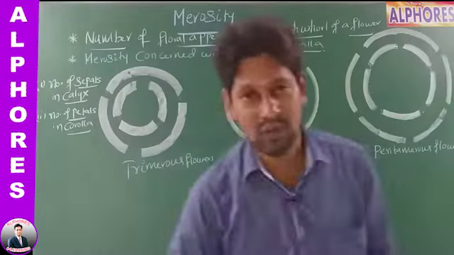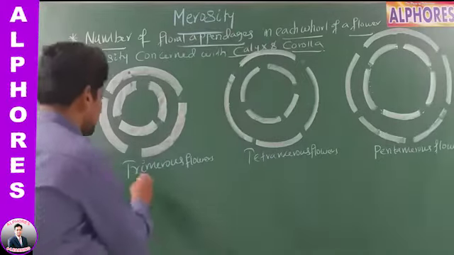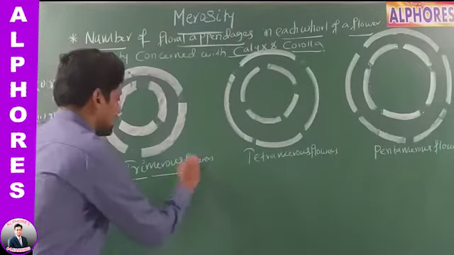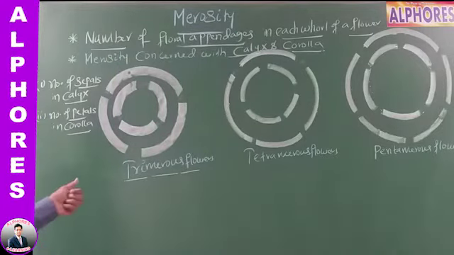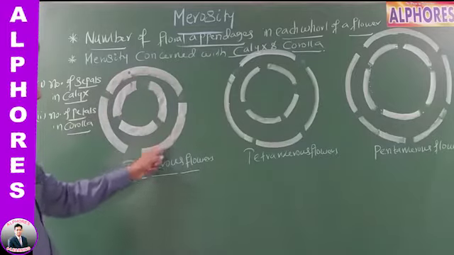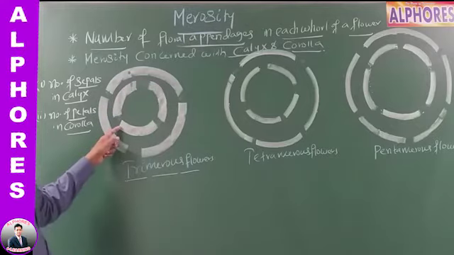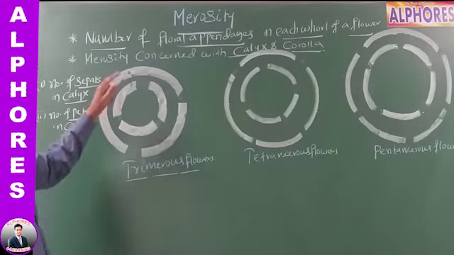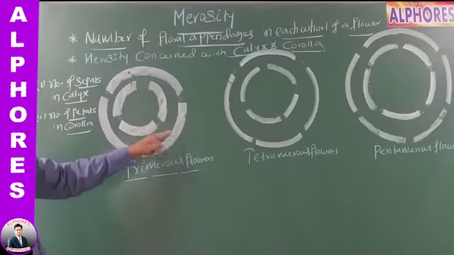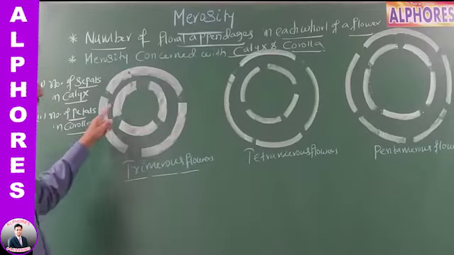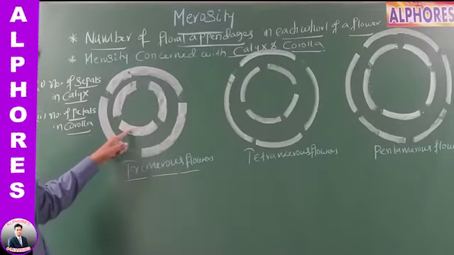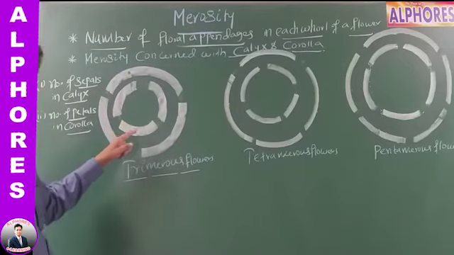Go for the first one. What is it, sir? Trimerous flowers. The name itself indicates. Tri means how many, sir? 3. Yes or no? Right. See the diagram. Sir, this is calyx, whereas this is corolla. Calyx is having how many sepals? 3 sepals. Corolla is having how many petals, sir? 3 petals.